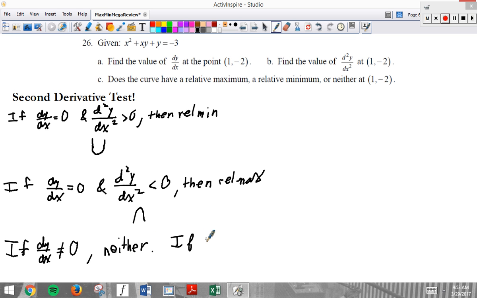Okay, and then I think that covers everything. Oh wait, no. If dy dx is equal to 0 and d squared y dx squared is 0, inconclusive.